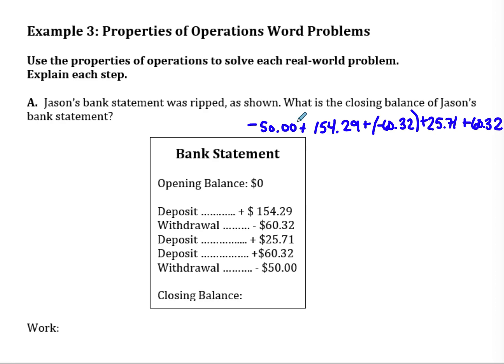Okay, so let's go ahead and check our answers. You could group and regroup however you want to. I would use the commutative property first to put my inverses together. So I'm going to just rewrite it with those next to each other.